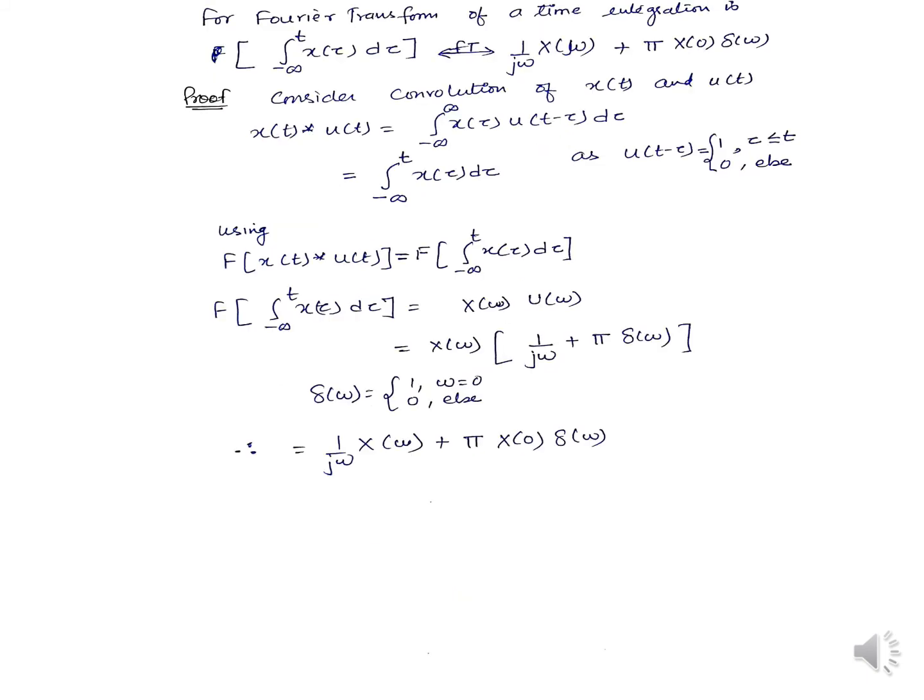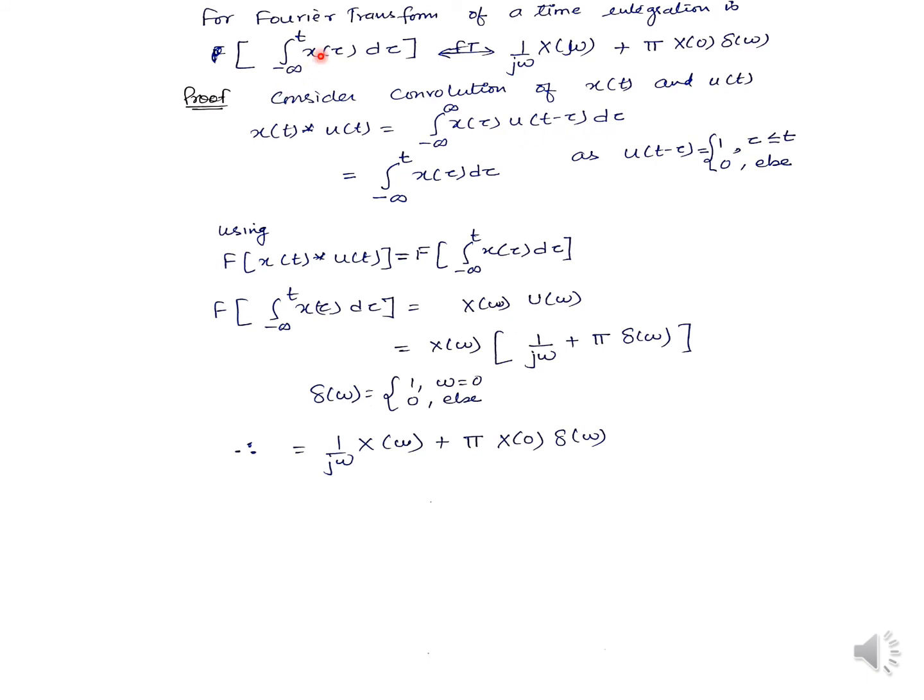Now for the Fourier transform integration property, we have the integral from minus infinity to t of x(tau) d tau, and we are finding its Fourier transform. Then we have to prove that this is equal to this. So instead of writing this as x(tau), we can write it like this: x(tau) u(t minus tau).